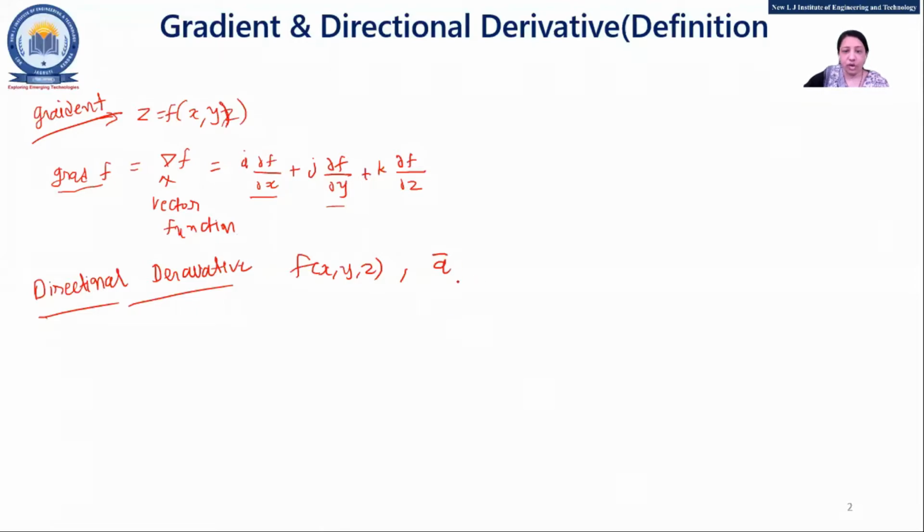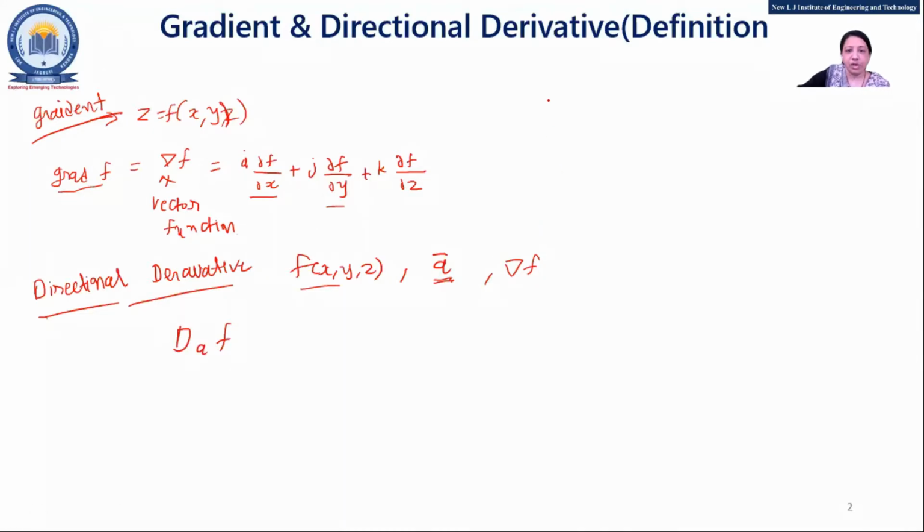We want to find the directional derivative in that direction. The function is given, and the direction in which you want to find it is given, that is a bar. In that direction you need to find grad f. So for that, the equation is D_A f.